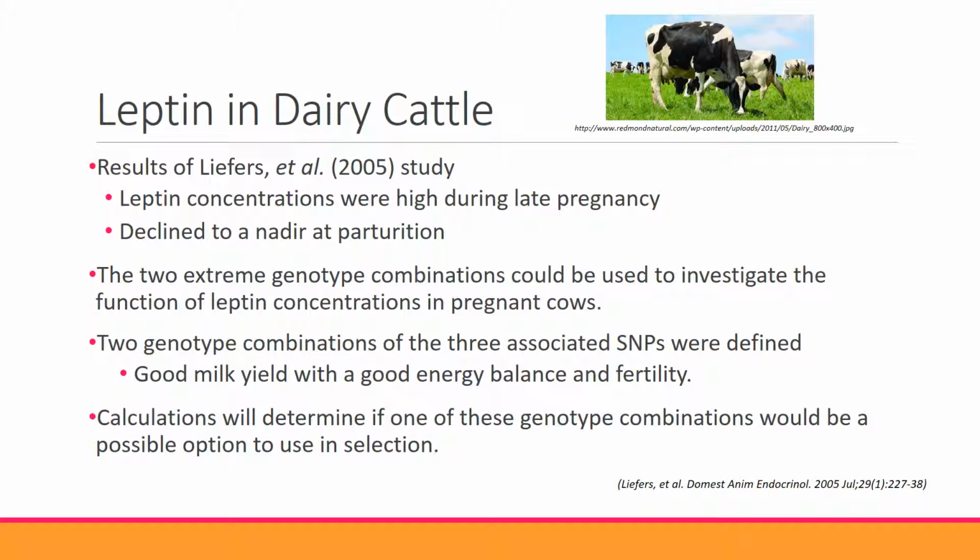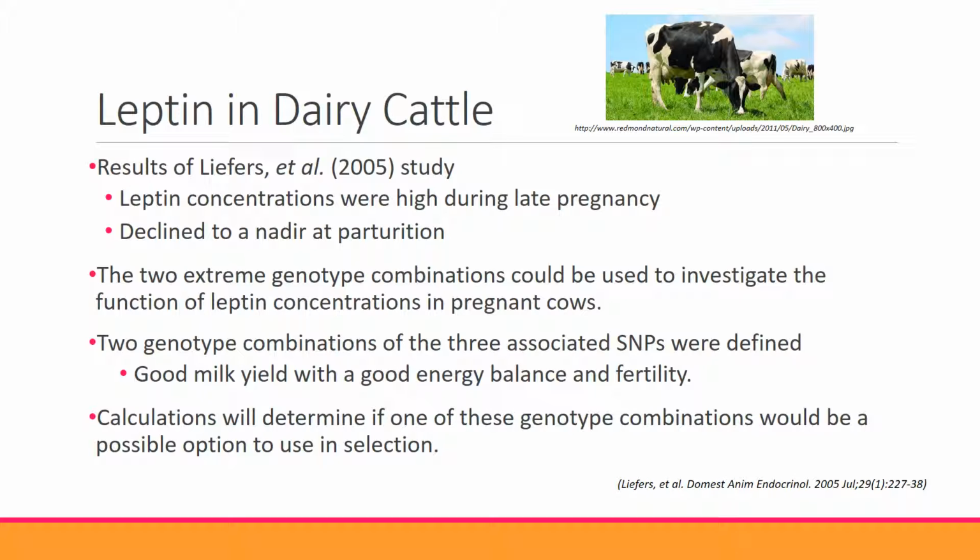Genetic analysis of the leptin gene also indicated a combination of three polymorphisms located in a 135 base pair region of the leptin promoter, which explained most of the variance in the prepartum leptin concentrations.